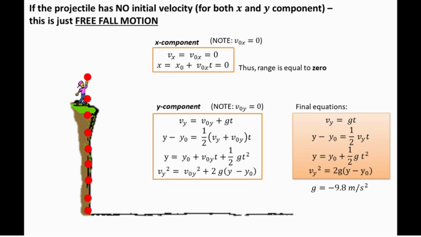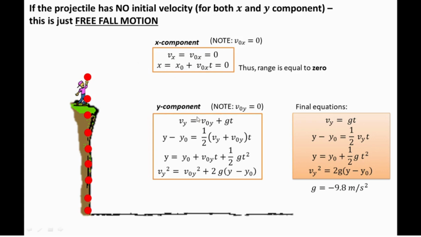So in this situation, the kinematics equations for the x component are of no use. The first equation becomes completely 0, as you can see here, while the second equation just gives 0 horizontal distance traveled. So an object just dropped from a higher position lands on the ground at exactly the same position along the x-axis, or its range will be equal to 0.